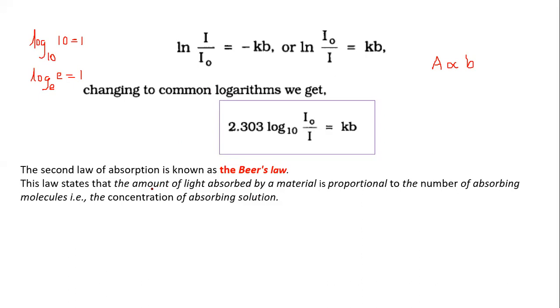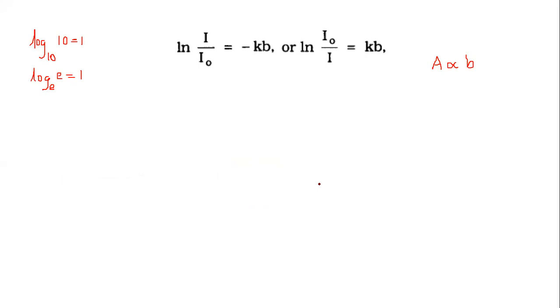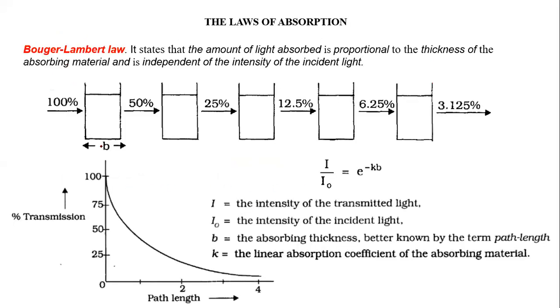This law states that the amount of light absorbed by the absorbing material is proportional to the number of absorbing molecules, that is, the concentration of absorbing solution. Now, to give you a perspective, can I not say that when the light is traveling through the absorbing material, it is going to be absorbed by the molecules of the absorbing material, right?